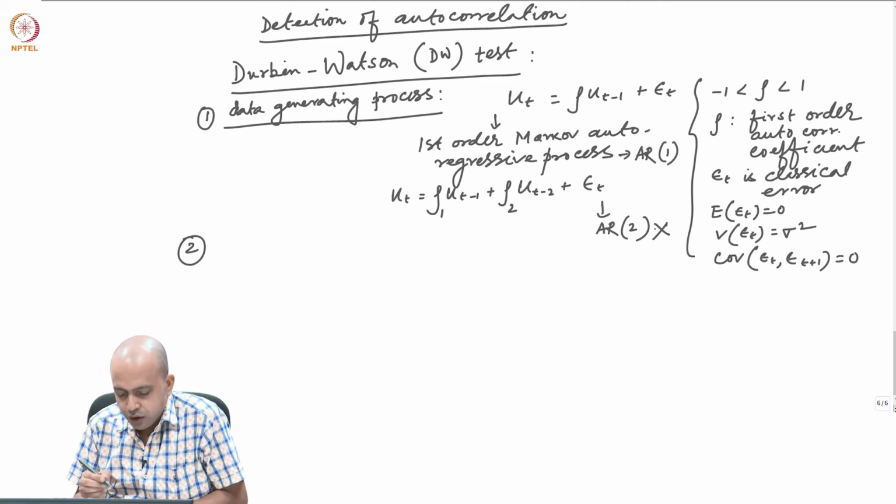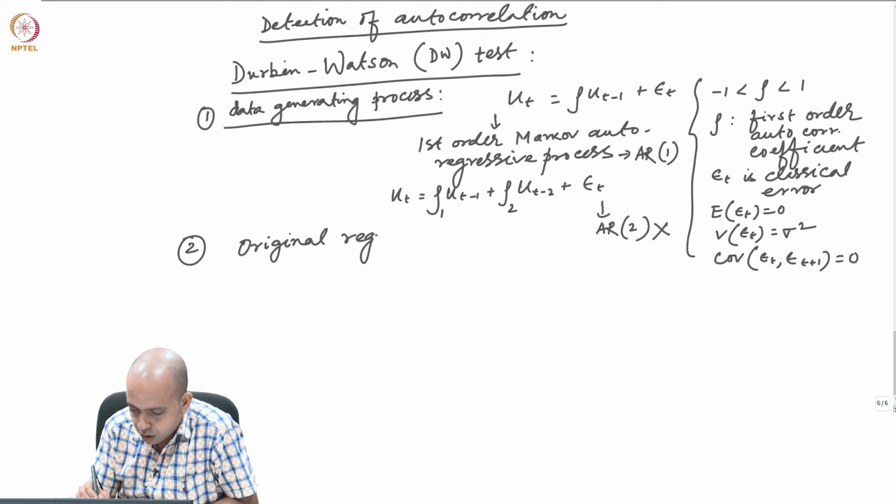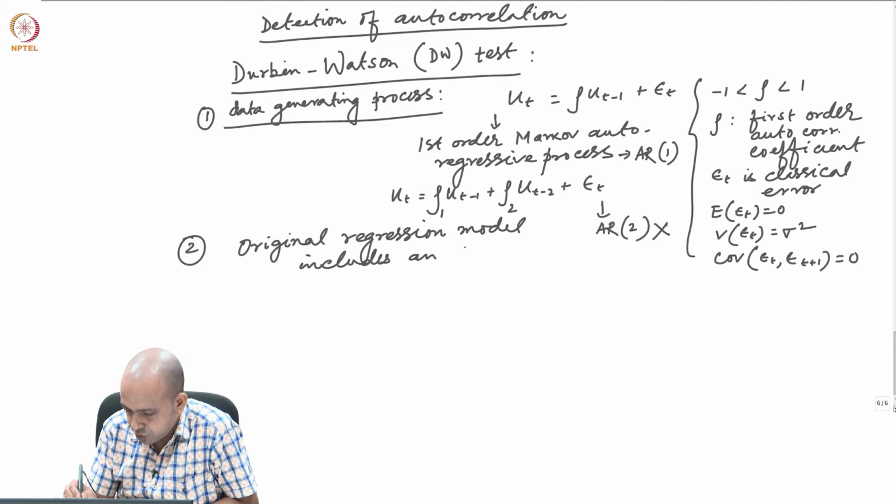All right. The second is the original regression model includes an intercept.